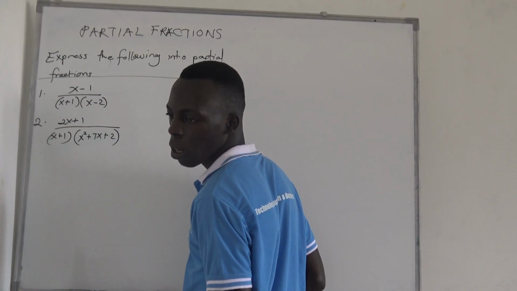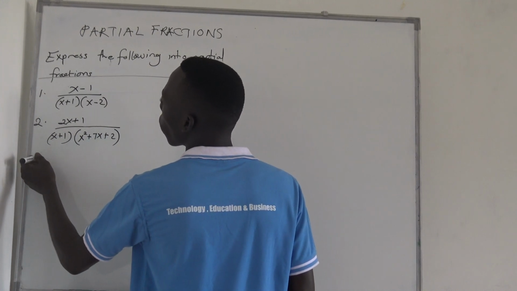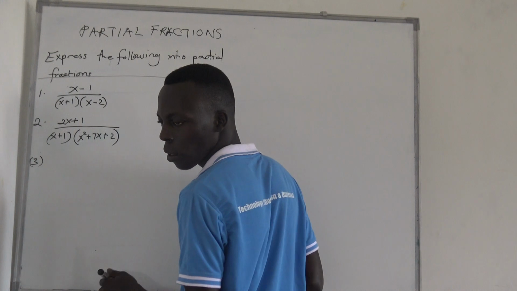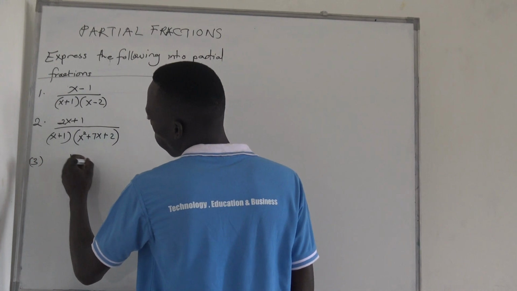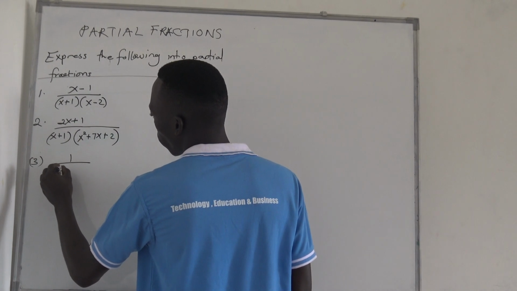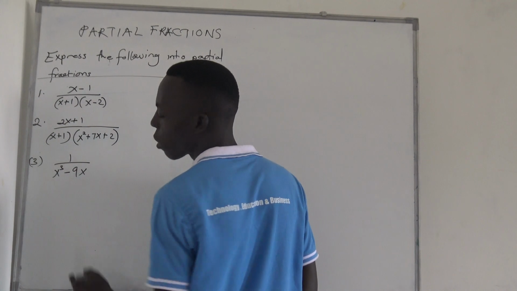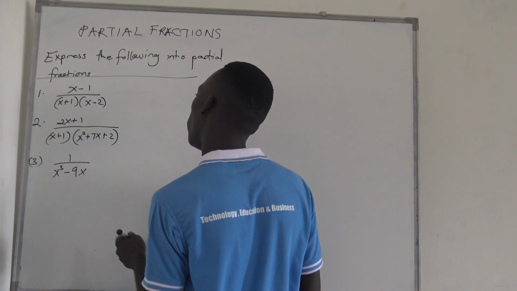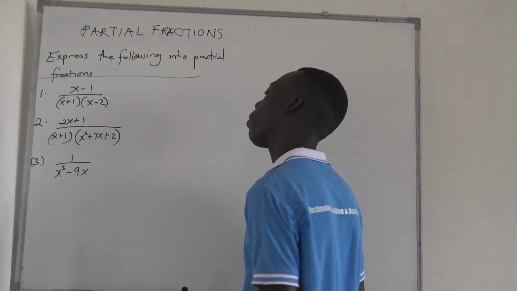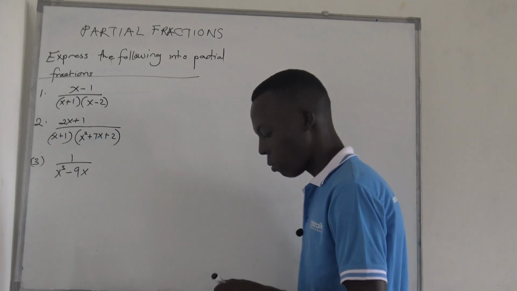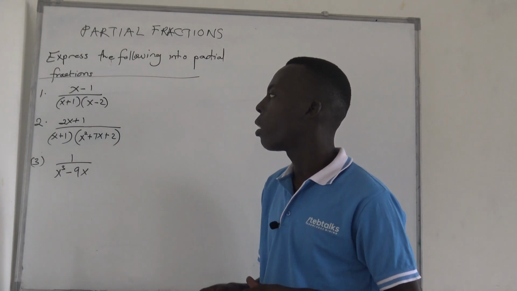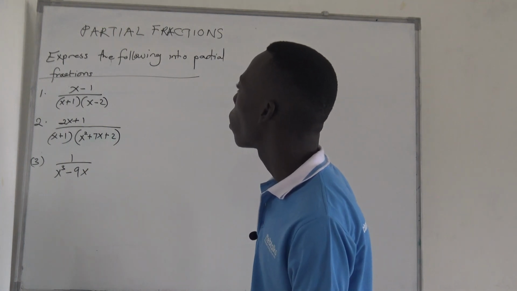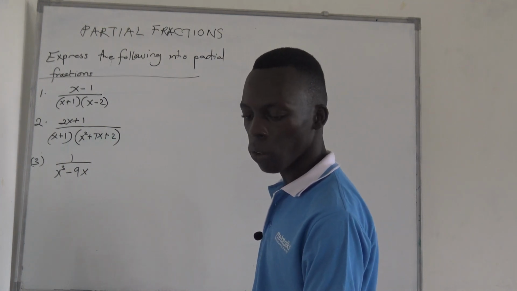The third one is 1 over x cubed minus 9x. So those are the three fractions they have given us, and they want us to solve them and express them in terms of partial fractions.